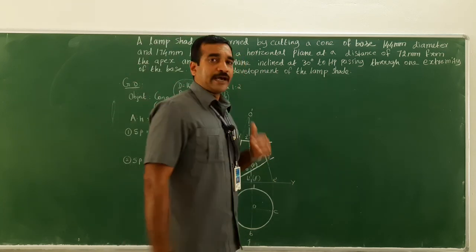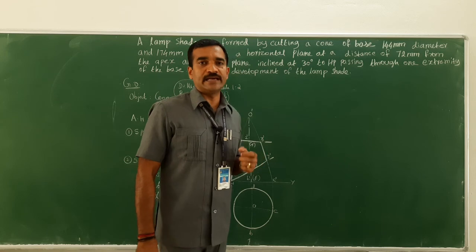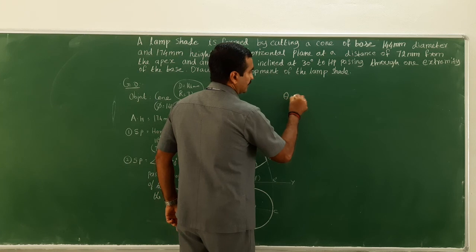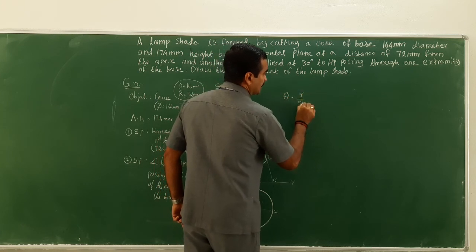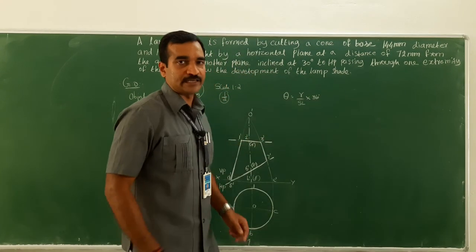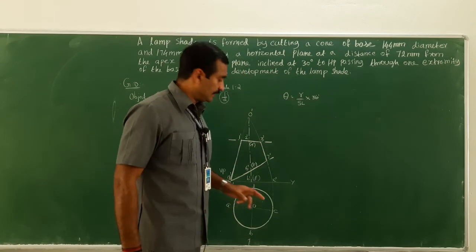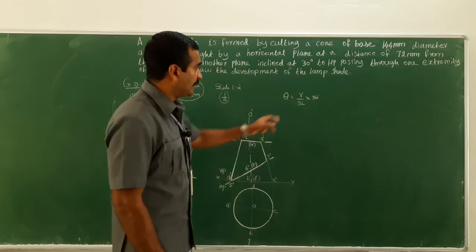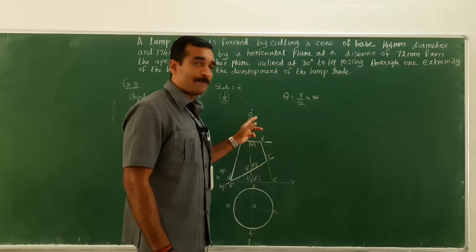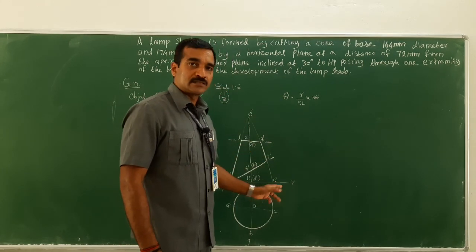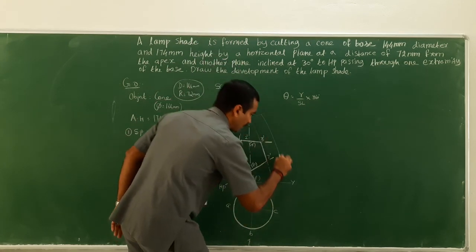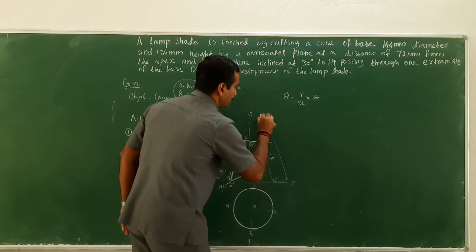For this, I taught you a formula to find the inclination theta, which is R by SL into 360. That's the formula I taught you in the introduction video. R is the radius of the circle and SL is the slant height, from the apex to the base.